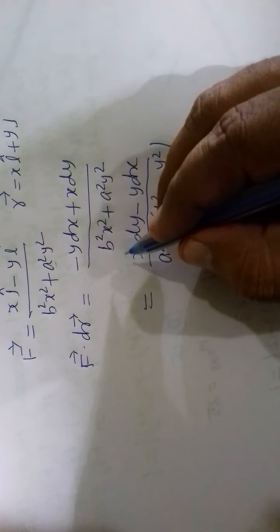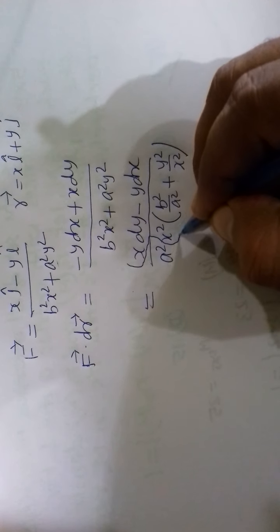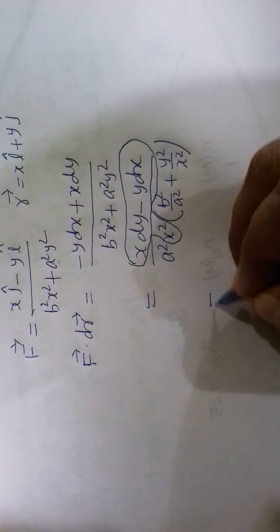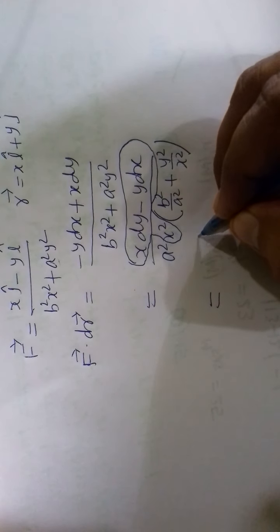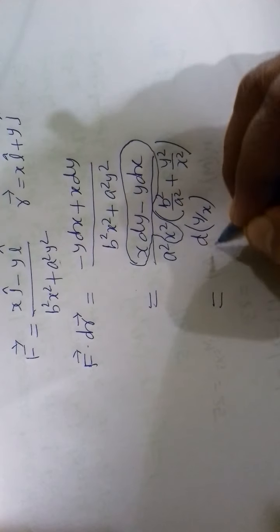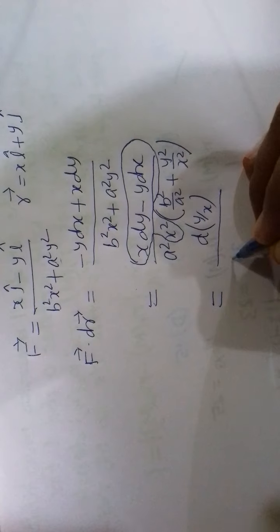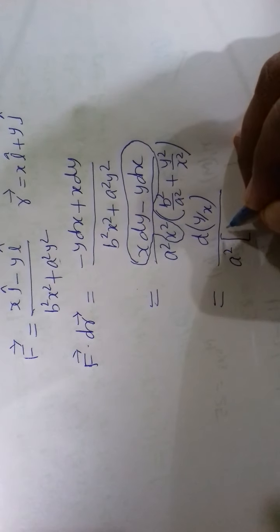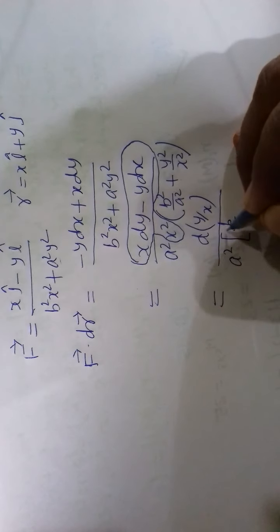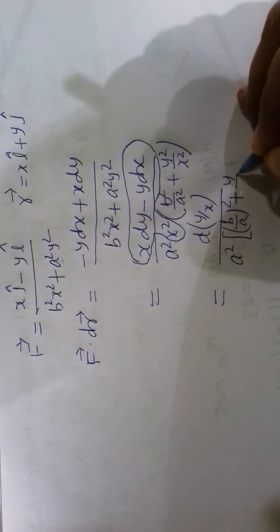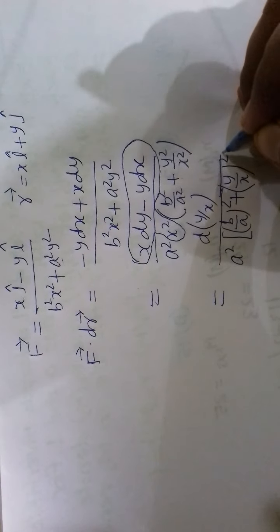Now this thing can be written as d(y by x), here a square, and inside the bracket you see (b by a) square plus (y by x) to the power 2.